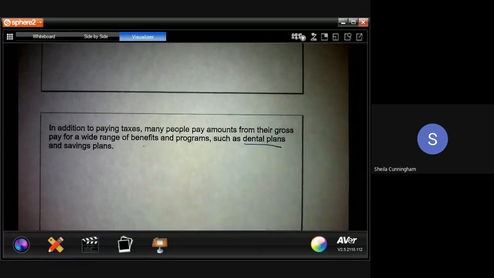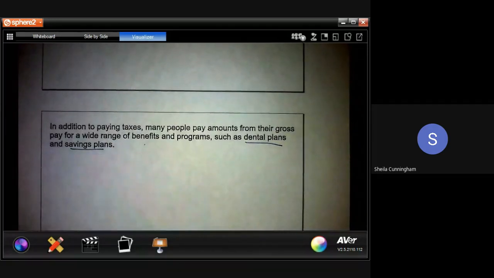You may pay into a dental plan so that you don't have to pay when you go to the dentist. Some employers have savings plans where you can have money deducted off your checks that will go into an additional savings plan for you, and you don't have to worry about saving money. So there are lots of different types of deductions that can also come off of your check.